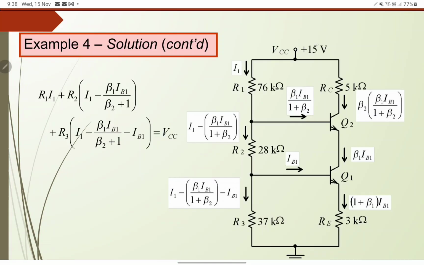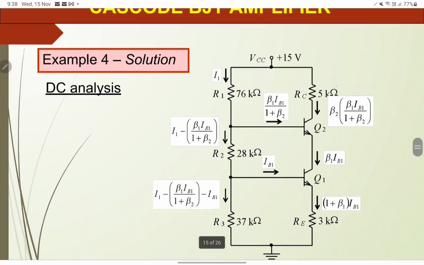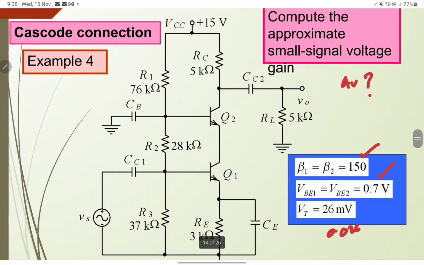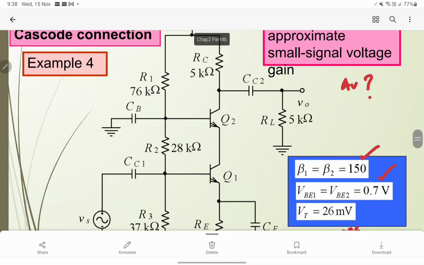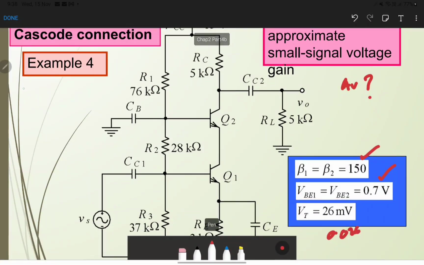So we can do DC analysis, implementing the DC rules. The DC rule says if you have a capacitor, you need to open circuit it.